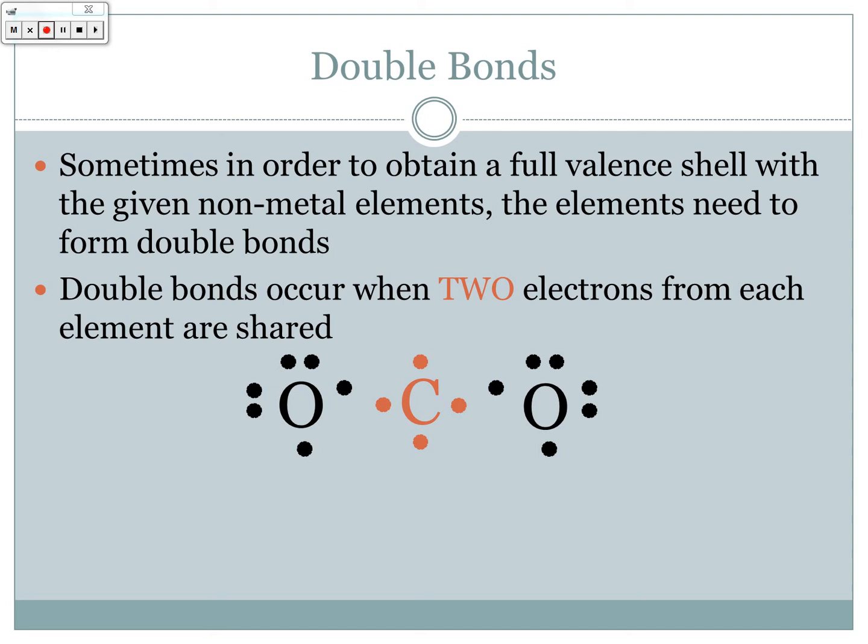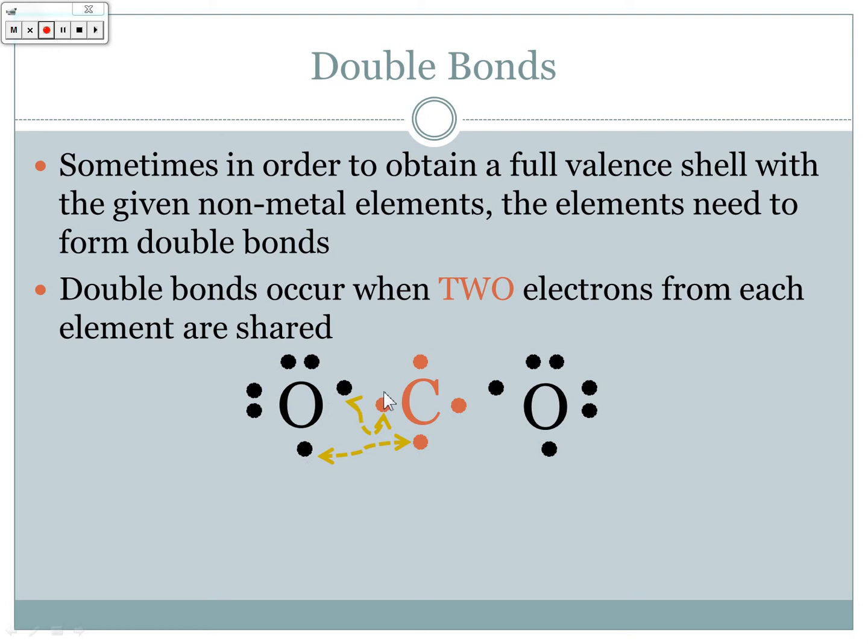So each of those oxygens are going to share their 2 lone electrons with 2 of carbon's electrons to form what we call double bonds. So for example, these 2 electrons are going to form a bond, these 2 electrons are going to form a bond, and this carbon and the left oxygen form a double bond.